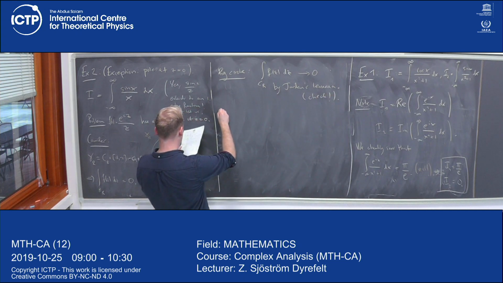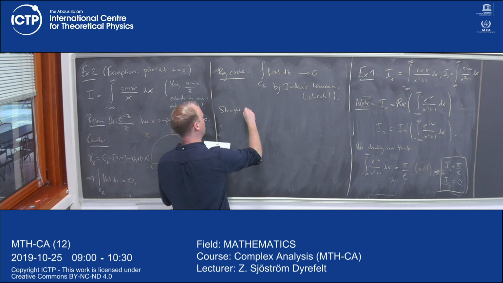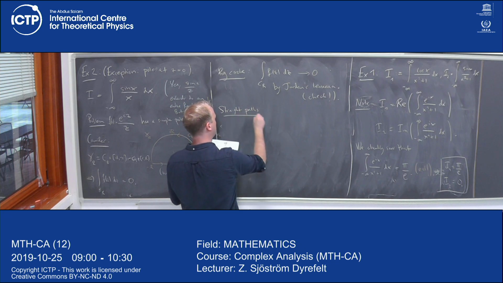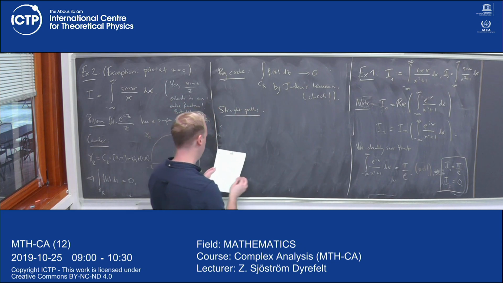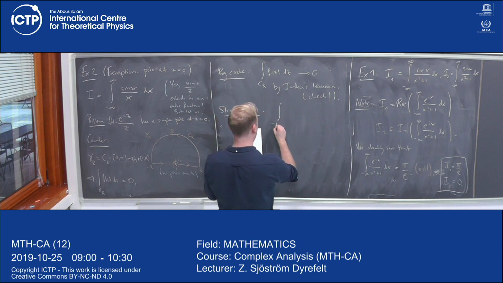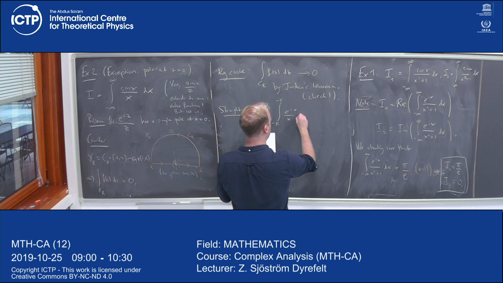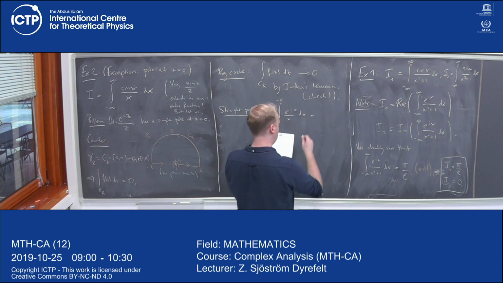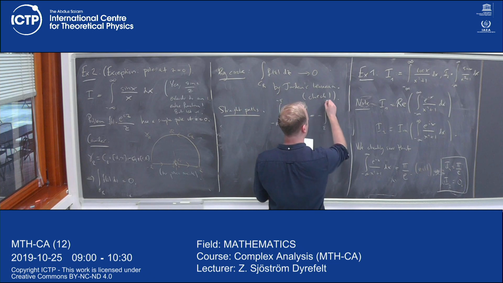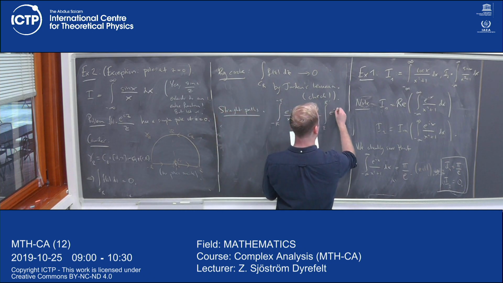Now, the small circle, no, the straight paths, let's do them first. Here you have that the integral from minus R to minus epsilon of e to the ix over x dx is equal to, let me just write it in a more normal way, minus the integral of e to the minus ix over x dx.